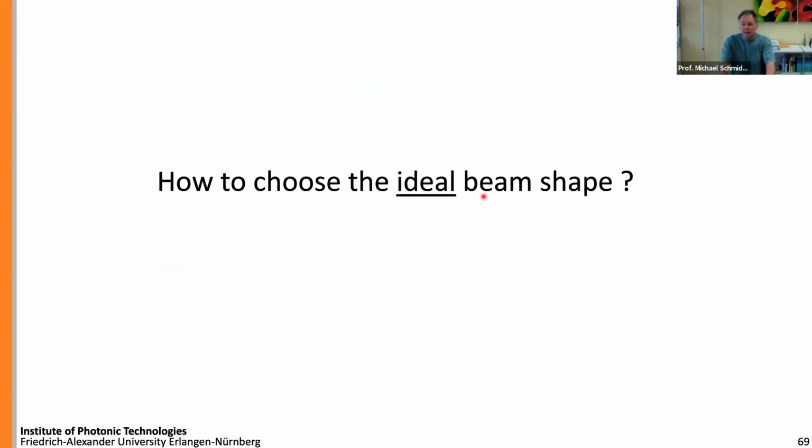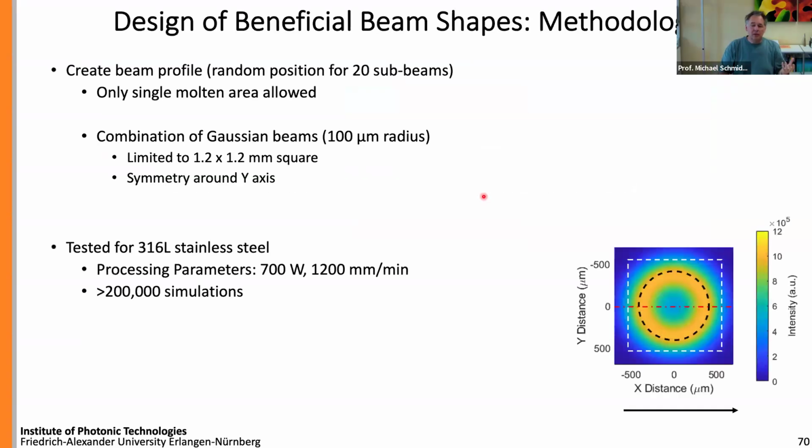I'm going to make this even shorter because now we go from the experiments to a question you might have: there's an infinite number of beam shapes, especially if you talk about spatial temporal beam shaping. How can I start? We just did some simulations, some very straightforward things.